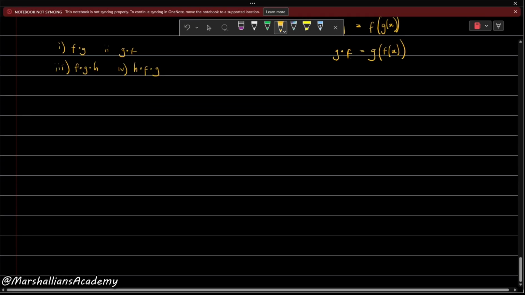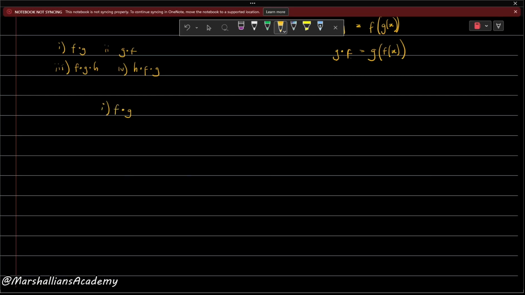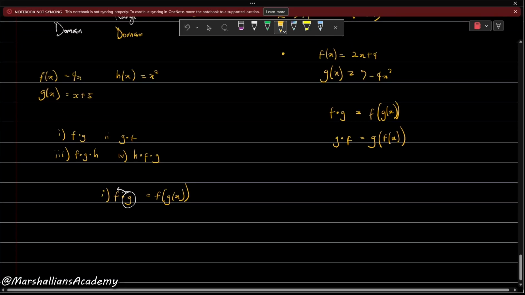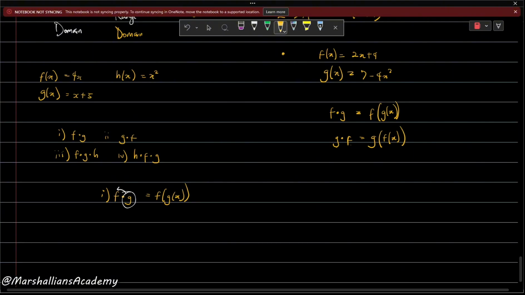Let's take it one by one. The first function, f of g. What does this mean? It means there is a g function inside f. So I'm going to be having an f, and I'm going to put in a g inside the f. This is the same thing as saying f function with g's function of x being inside. And how do we solve a question like this? You have to first write the exterior function, which is 4x.